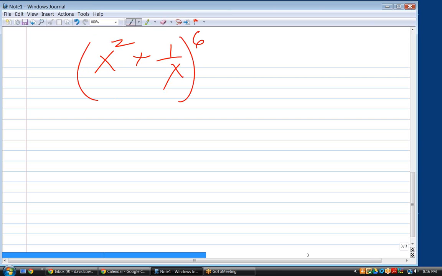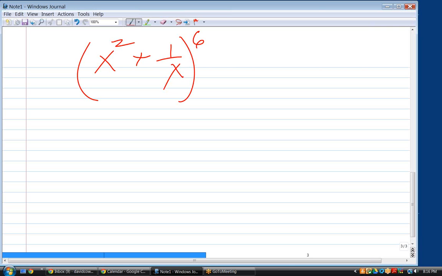And they wanted to know the coefficient of the x cubed term. Definitely harder than your average binomial expansion kind of problem. It's the only reason I thought you might want to do it again.